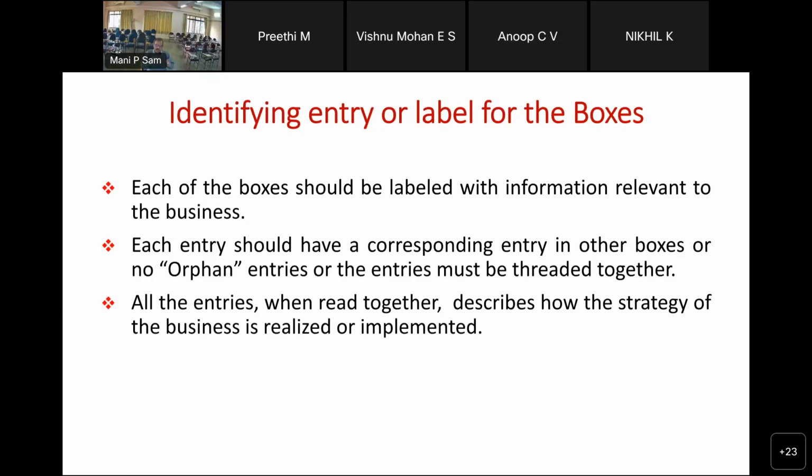Why is it? Each of these entries have to be threaded together end to end. So there are no orphan entries. There is no standalone thing which has no connection to other boxes.